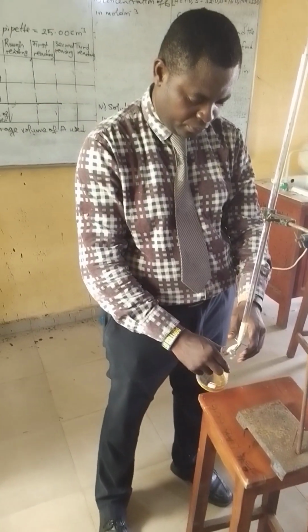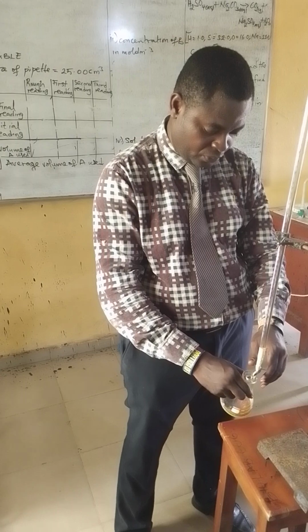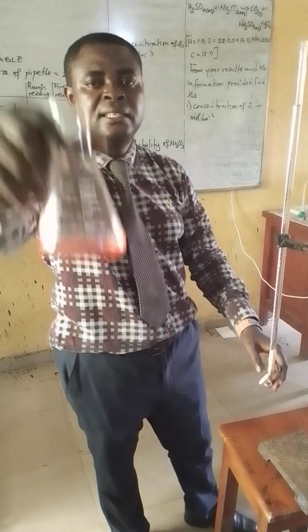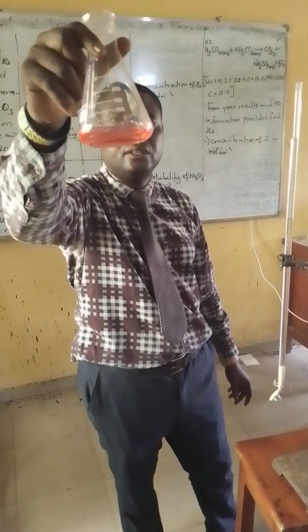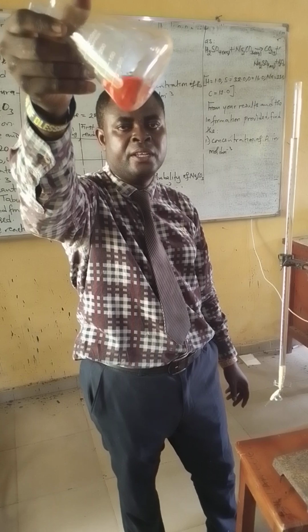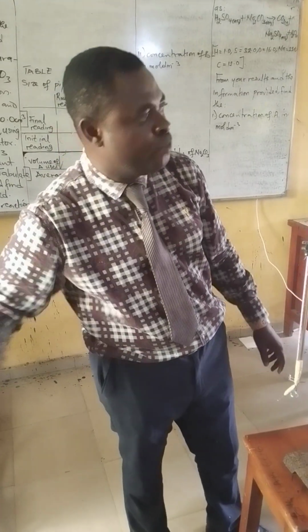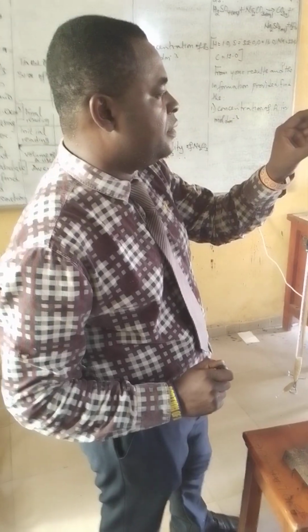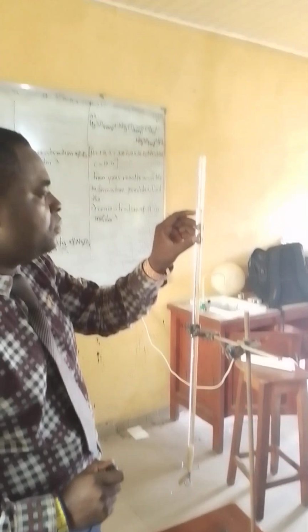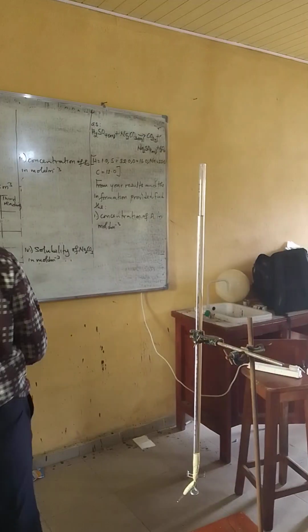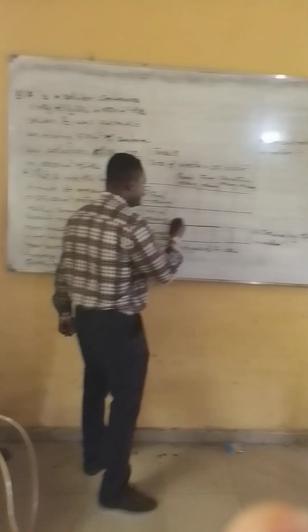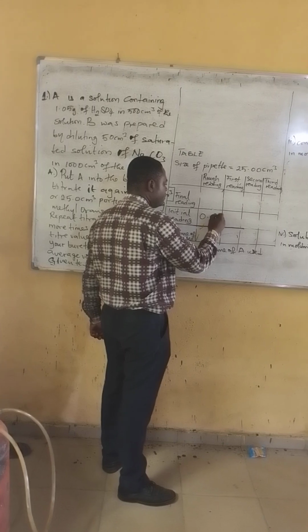So I want to titrate now. You can see that the color has changed. You can see it has changed to pink, from yellow to pink. Then you stop and record your burette reading. In this place, I have 4.30. Because I filled this to 0, my initial reading here is 0.00.